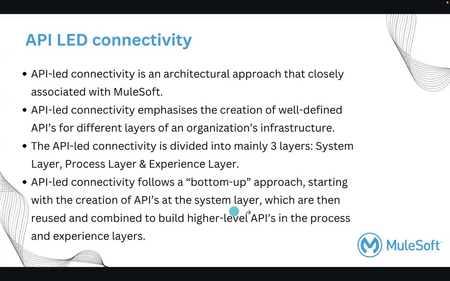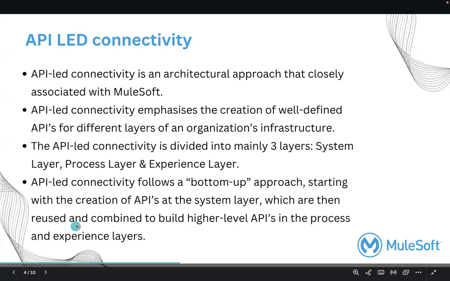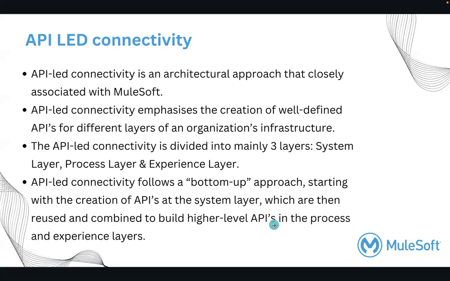Let's say you wanted to connect to different systems and combine those outputs into one particular output. We will discuss each layer deeply: why the system layer is used, why the process layer is used, and why the experience layer is used.